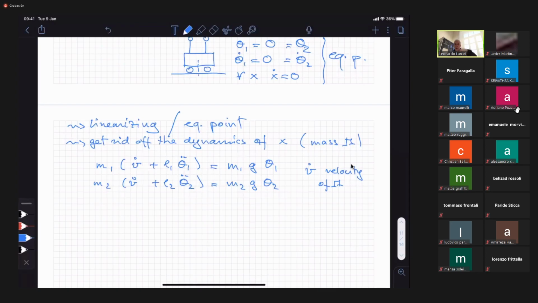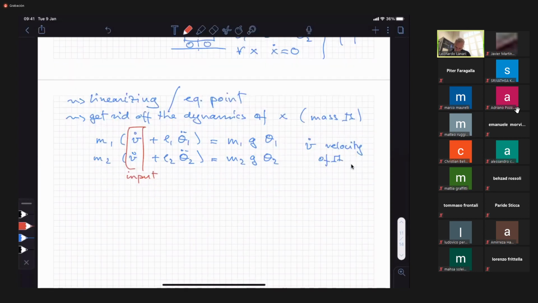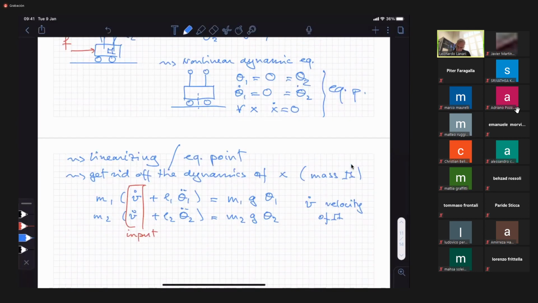So through F, we can command the velocity of the cart. And so we take directly that as an input. So we assume that this is the input of our system, which is equivalent at a certain level to choosing F as the input.